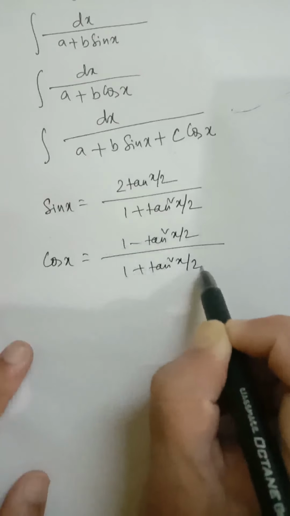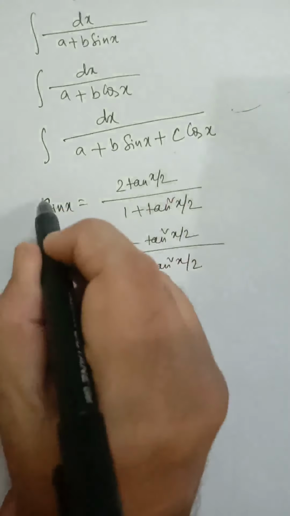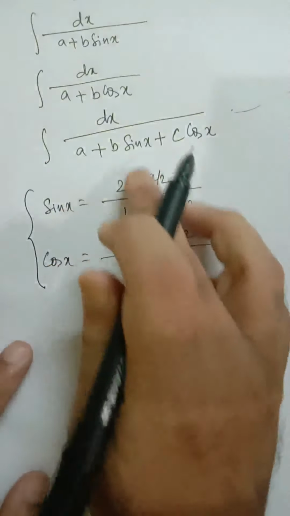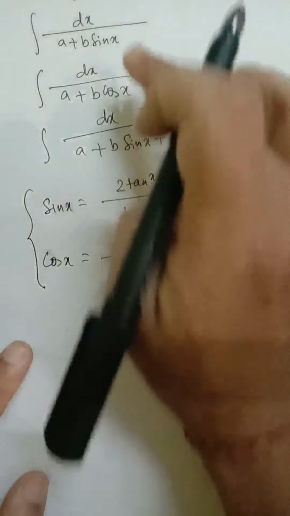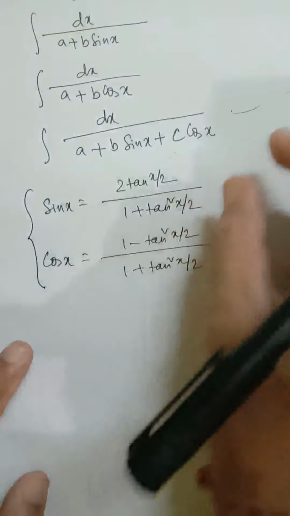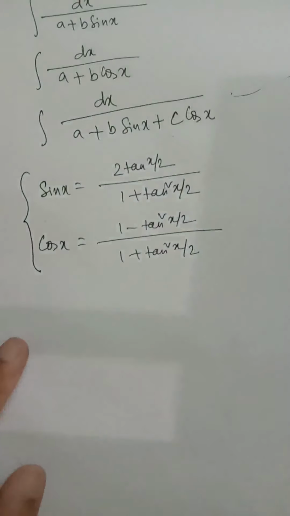These are actually the formulas for sin x and cos x in terms of tan of submultiples. So we will use these two formulas in this type of integrals. Let us take a question.